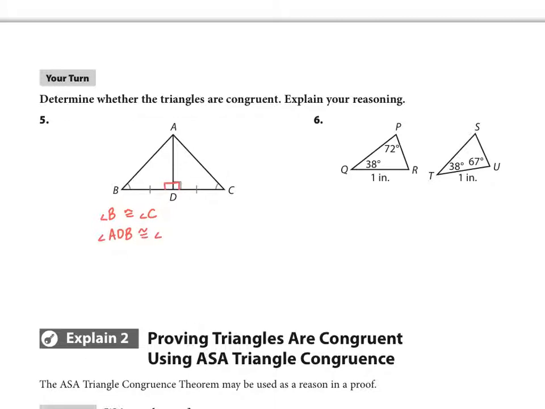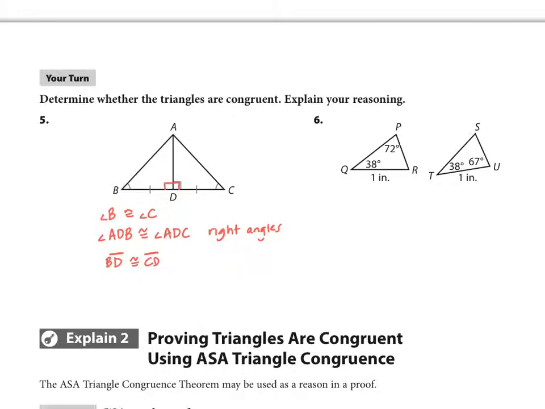The other right angle is ADC. Those are both right angles, so they have to be congruent to each other. And then finally, we have side BD congruent to side CD, because that's given to us.